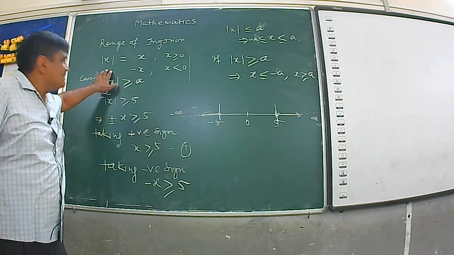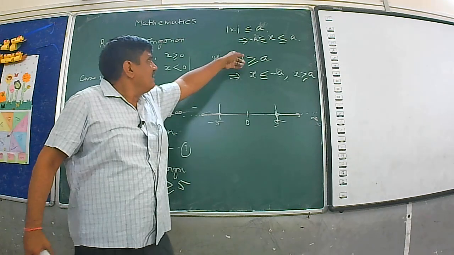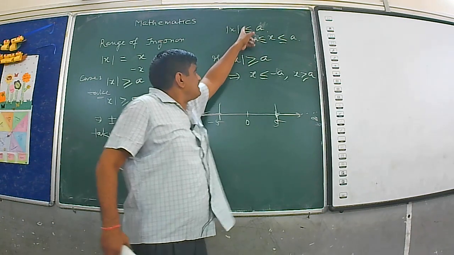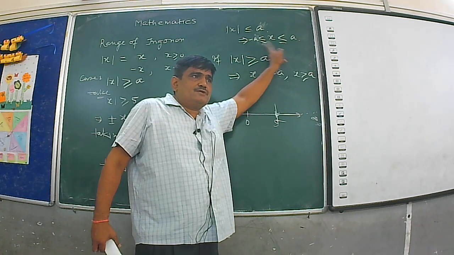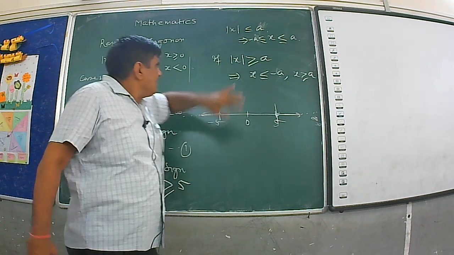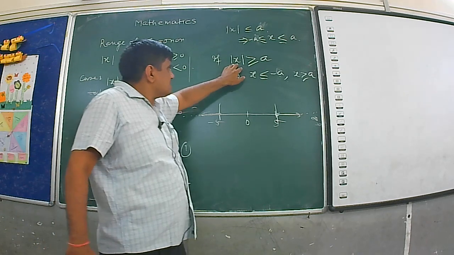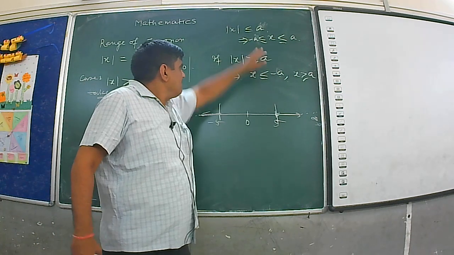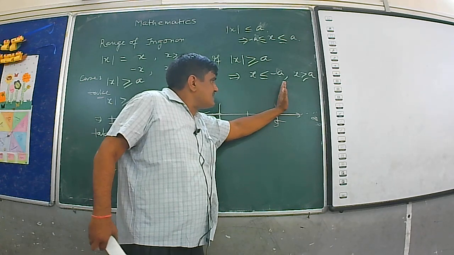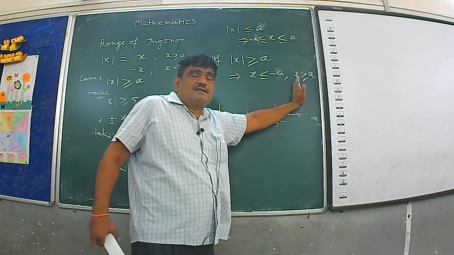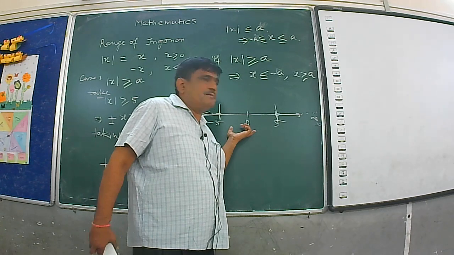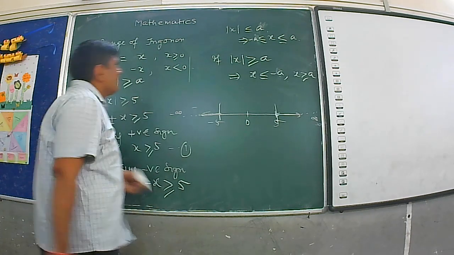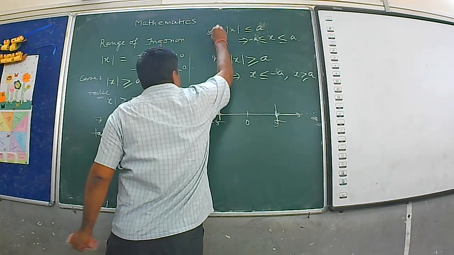If mod x is less than or equal to a, then x lies between minus a and a. If mod x is greater than or equal to a, then x is less than or equal to minus a or x is greater than or equal to a, meaning x does not lie between minus a and a. These are the two conditions.